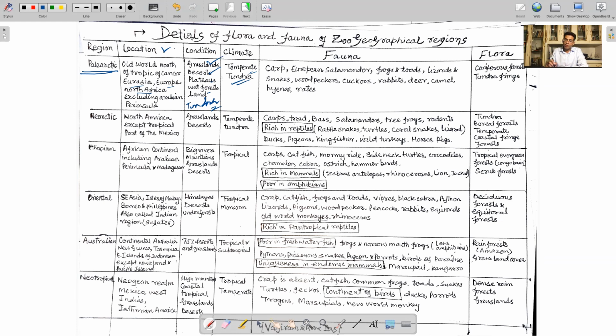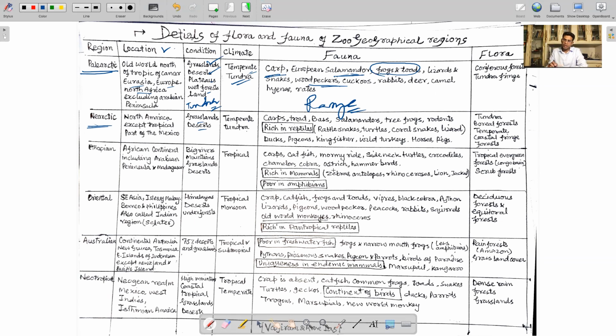So fauna, life forms, is a very big range of life forms. Picking up randomly, some fishes, like carps, salamander is one type of life form, frogs and toads, amphibians. We have birds, something random. And flora. Nearctic, North America: grasslands, deserts, snow, tropical dense forests, temperate, tundra.